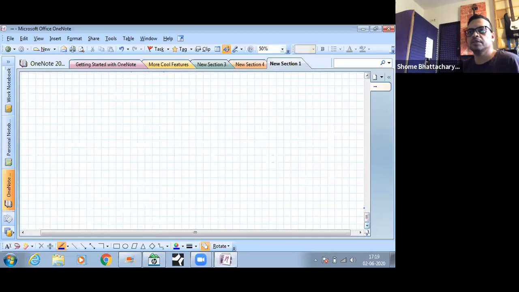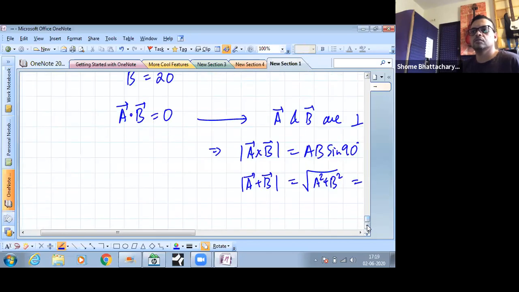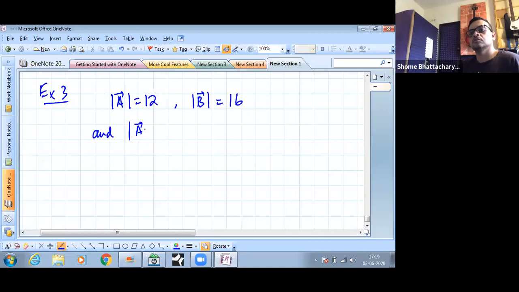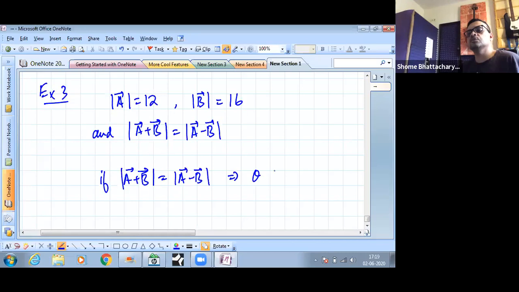A plus B is equal to A minus B. Now, by now you should be practiced enough to know that if A plus B has the same magnitude as A minus B, it means that theta is equal to 90 degrees.